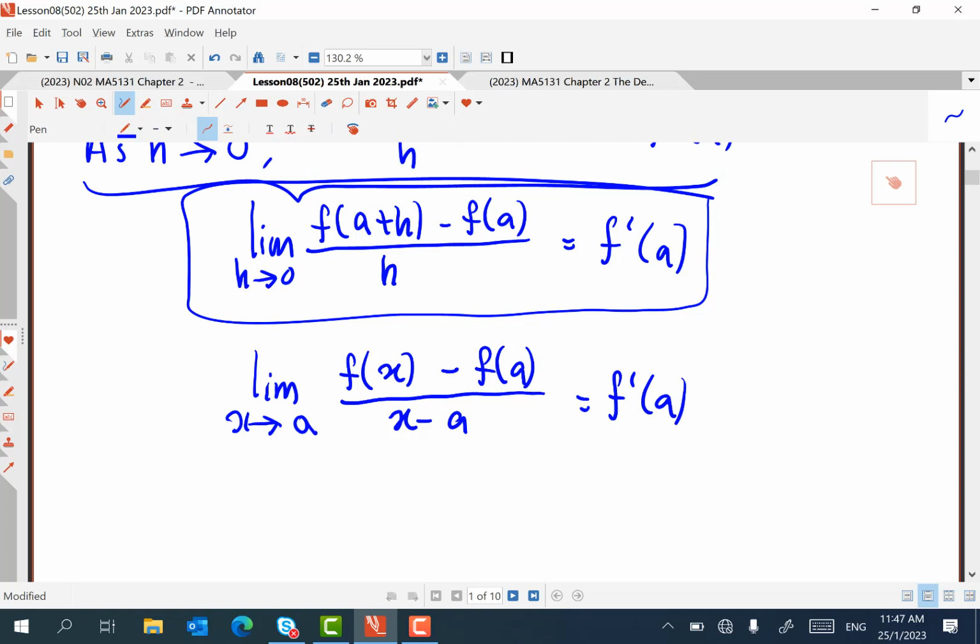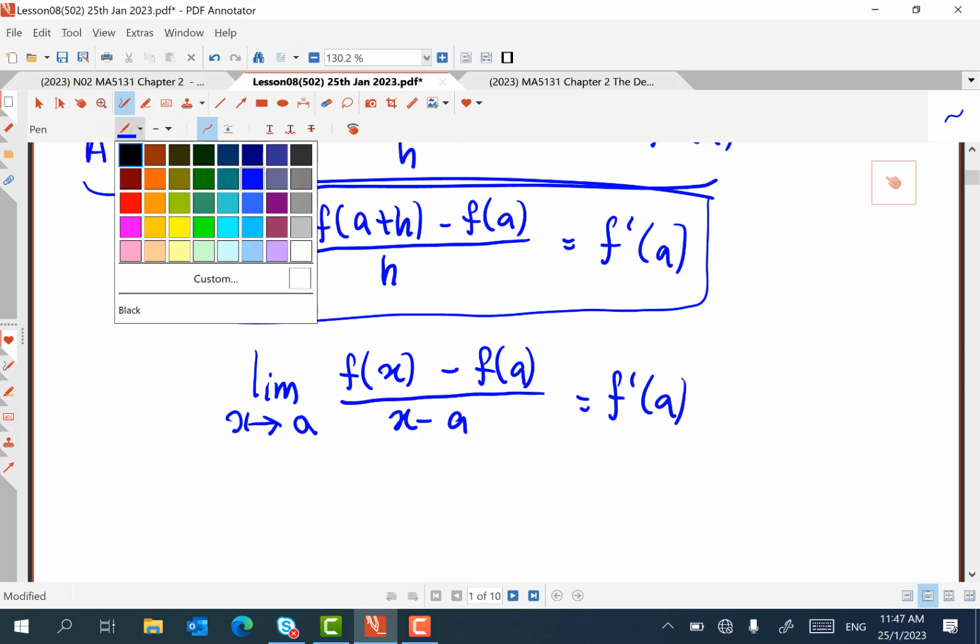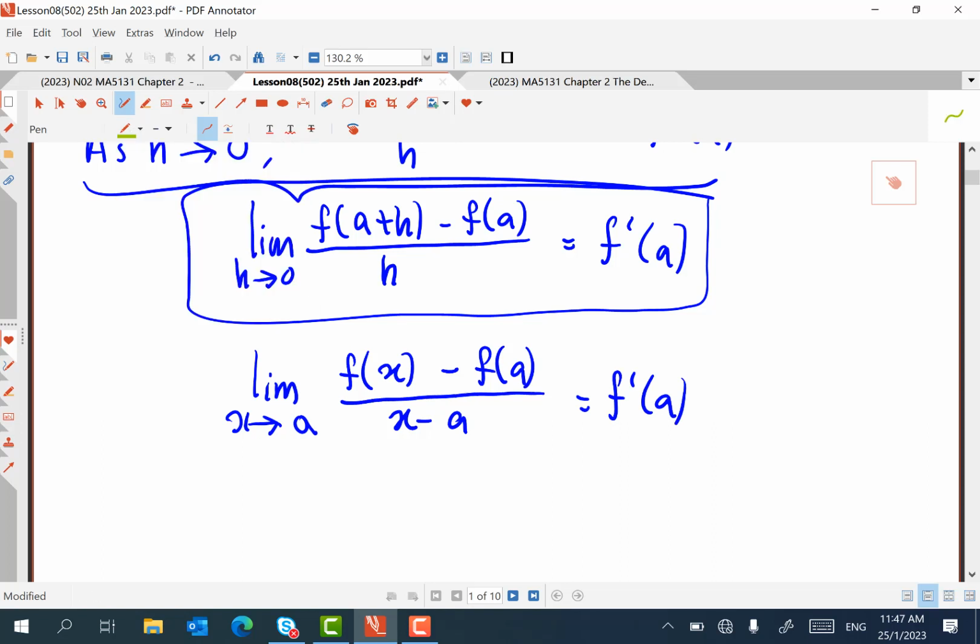Because if you see the A plus h as your x, then x minus a is indeed h. If your x is a plus h, when h tends towards 0, x tends towards a. So there is another equivalent statement for the same thing.